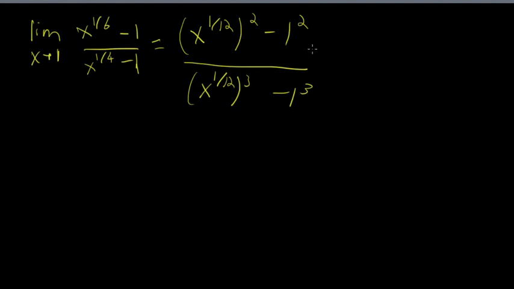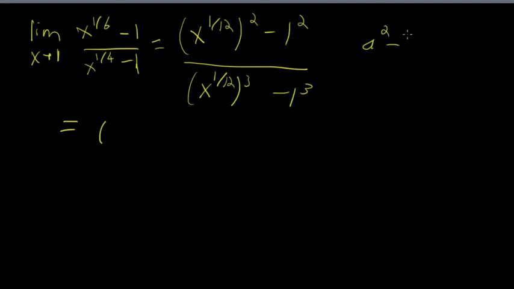And if we write the numerator and denominator in this particular fashion, we'll see what happens when we factor. So this is of the form a squared minus b squared. When you factor that, you get a plus b times a minus b.